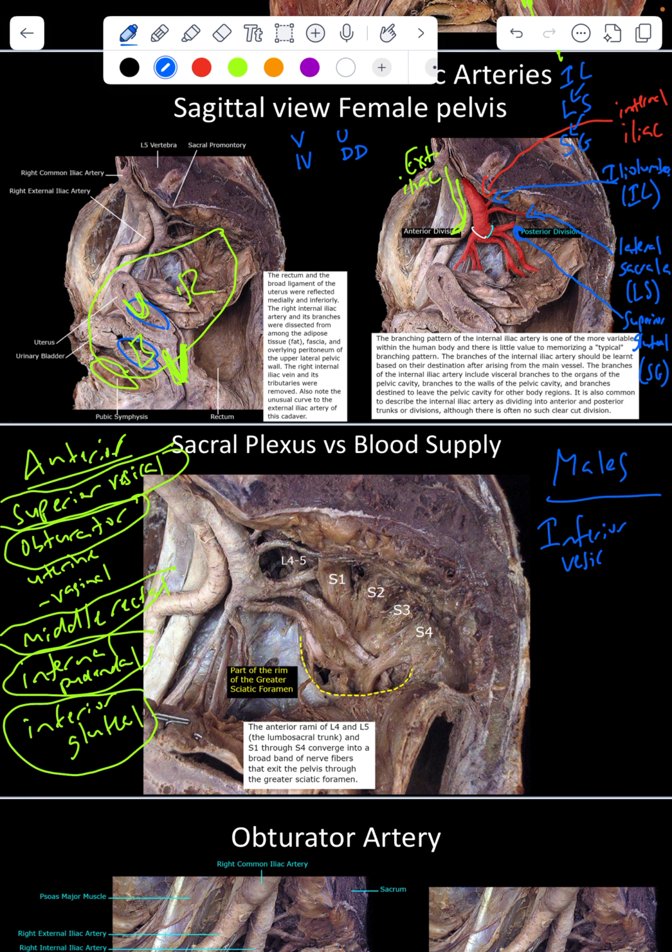So another artery that goes to the bladder, and this is instead of vaginal in females. And then males also have a ductus or vas deferens artery, and this is instead of the uterine.